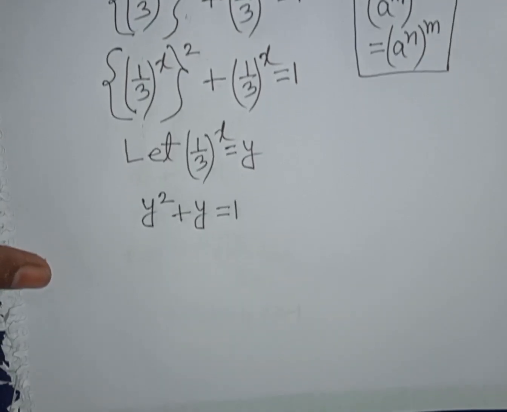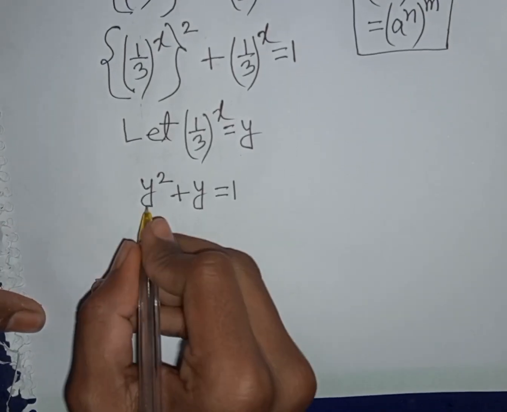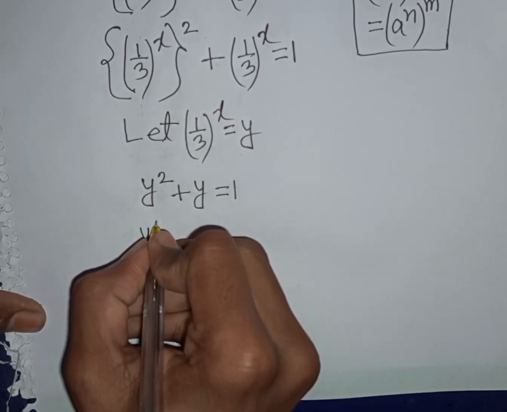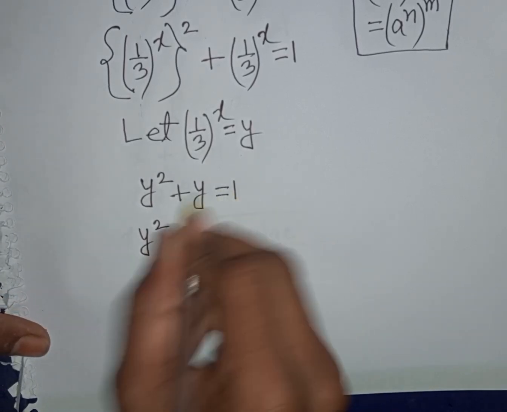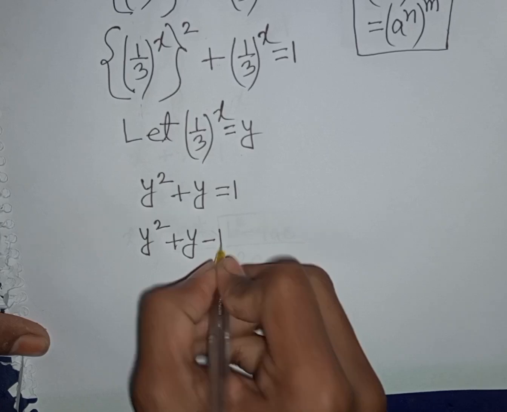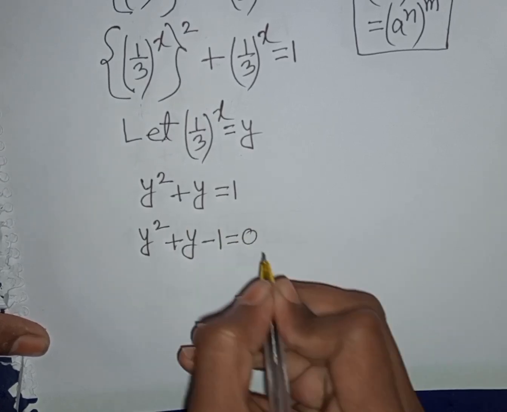Now we can write here y square plus y, then this plus 1 take to the left side, so this will be minus 1, is equal to 0.